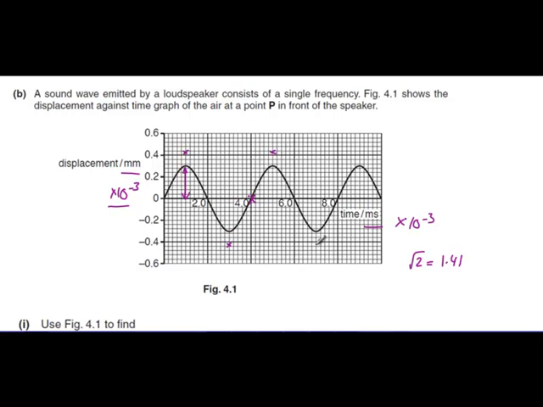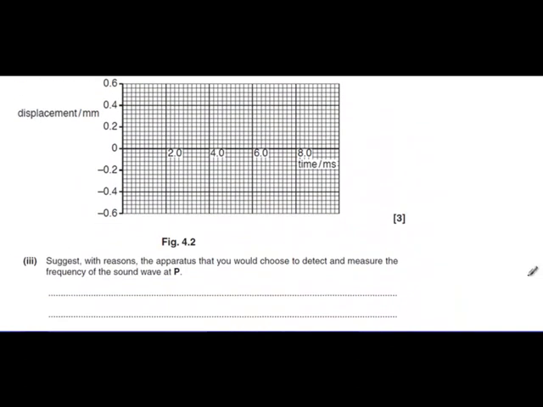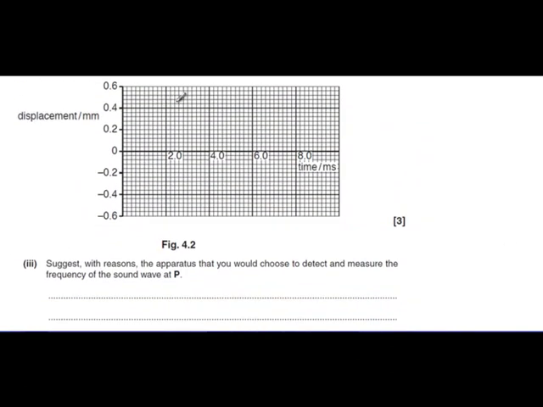So I'll mark on my graph roughly 0.42. Create the same sine wave but with increased amplitude, making sure that I go through all the points very, very carefully. So I can bring it back here.